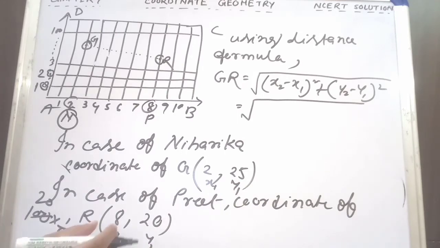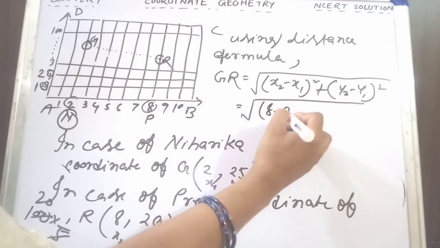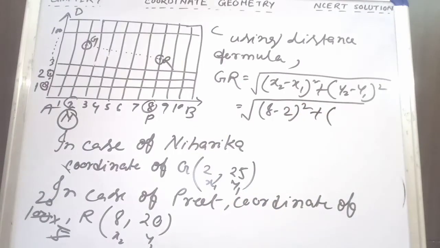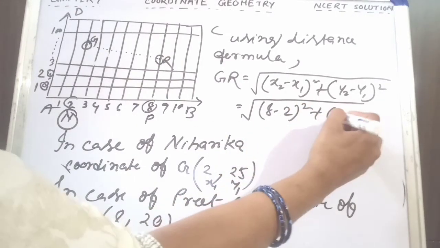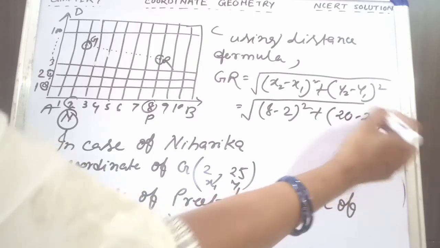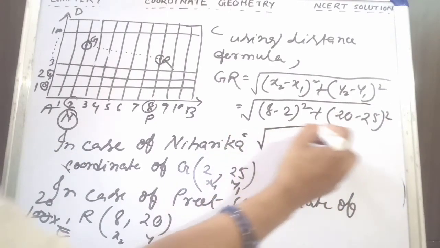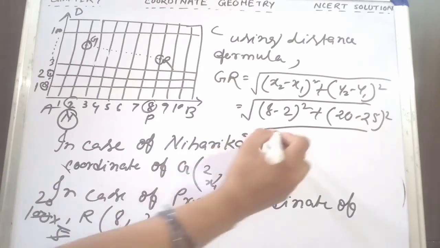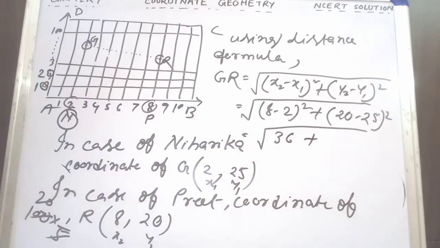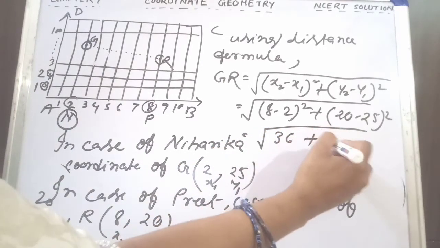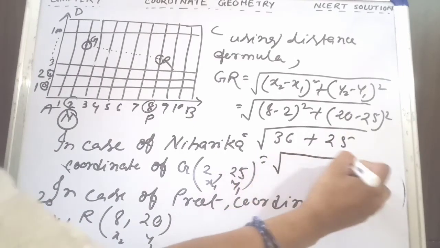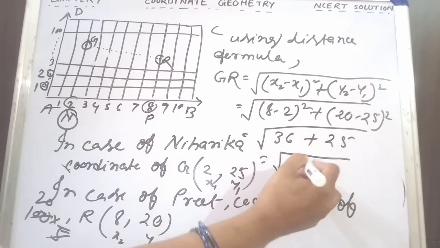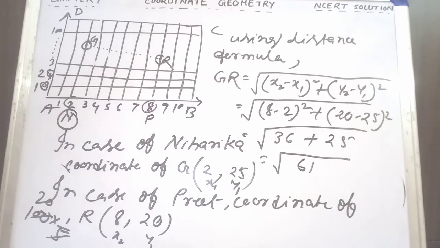So x2 minus x1, that means 8 minus 2, plus y2 minus y1, that means 20 minus 25. 8 minus 2, that means 6 whole square, 36. 20 minus 25, minus 5 whole square, 25. 36 plus 25 is 61. Root over 61. So distance between these two flags is root over 61.